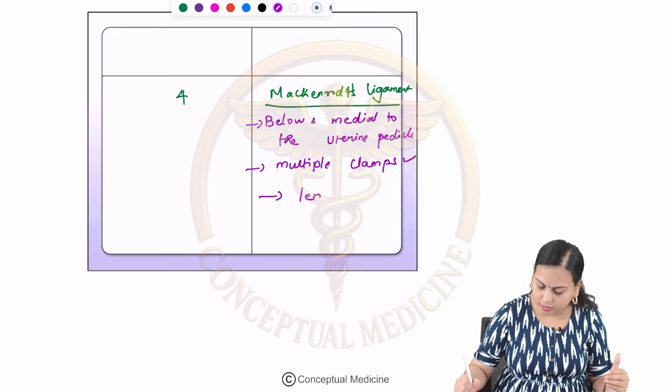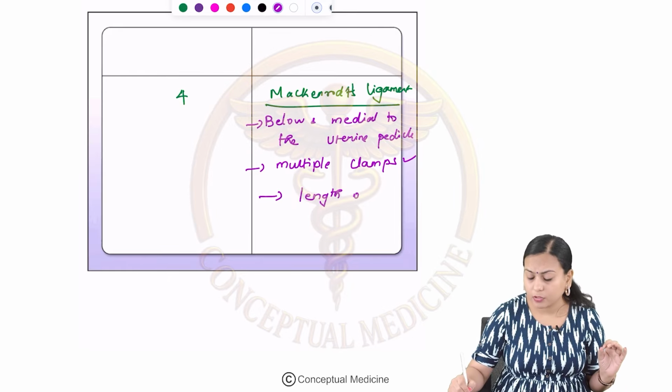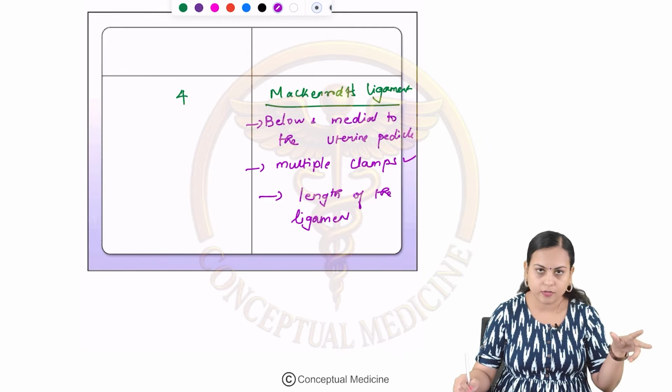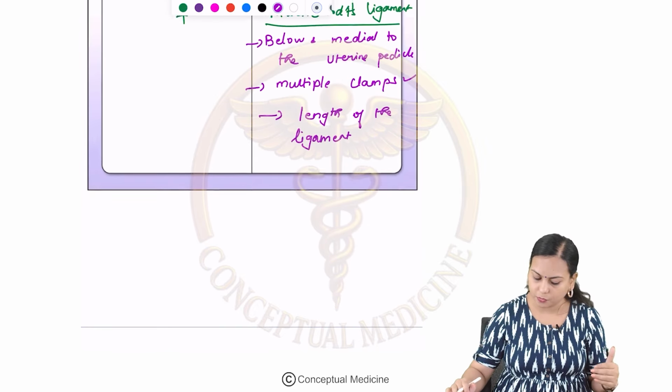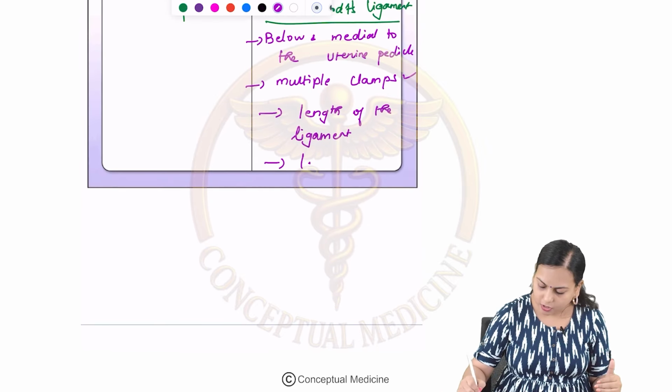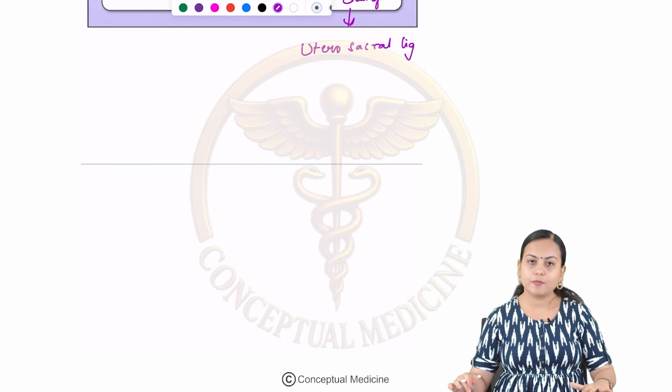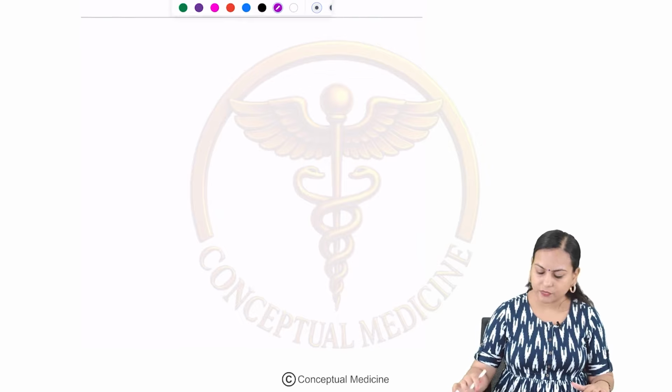It depends upon the length of the ligament, so how much you have to clamp, how many clamps you have to put. And in the last clamp, we will also include the uterosacral ligaments. Then the same procedure will be repeated on the other side as well.